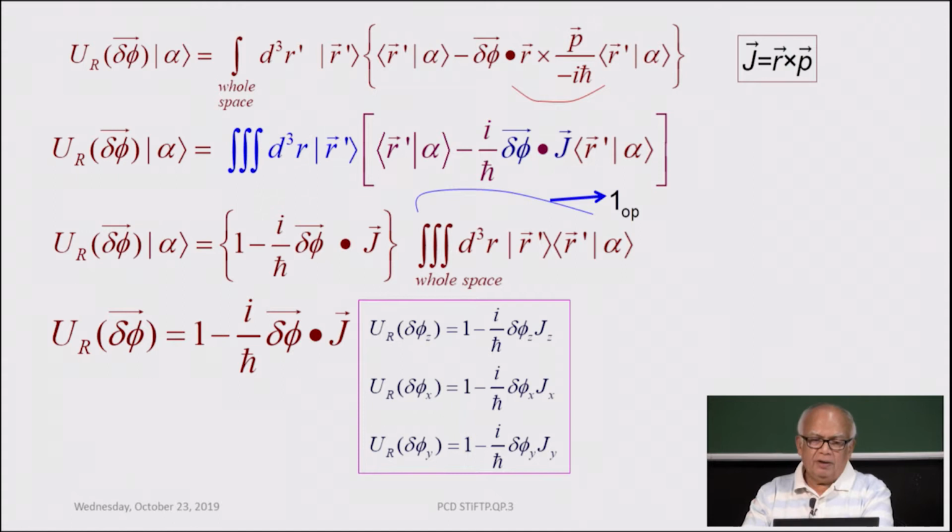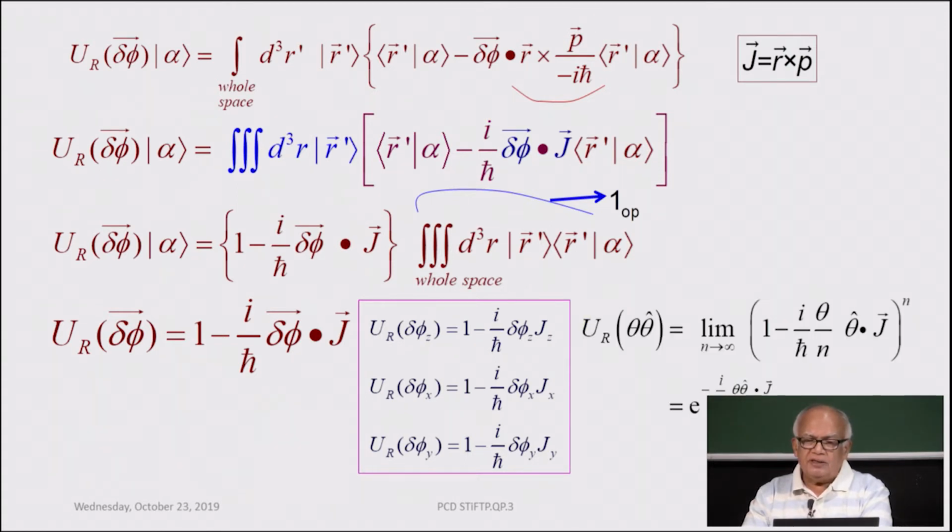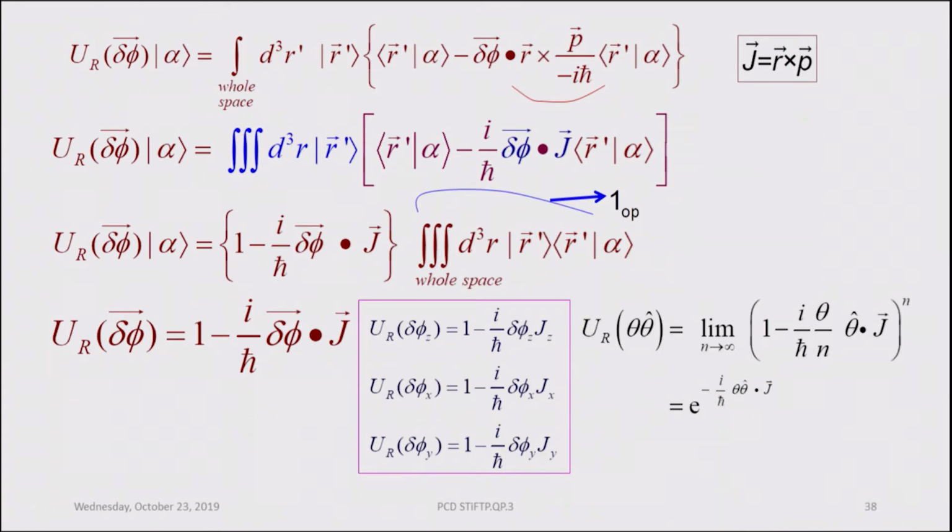You have these three operators, and this is for infinitesimal rotation. If you are looking for an operator for a finite rotation, then you have to get this finite rotation out of the infinitesimal rotation by operating the infinitesimal rotation infinite times.